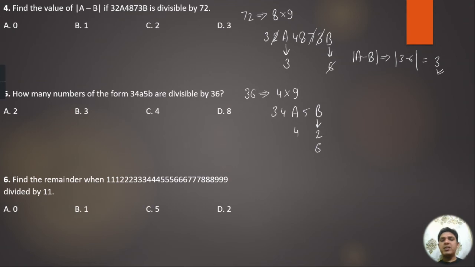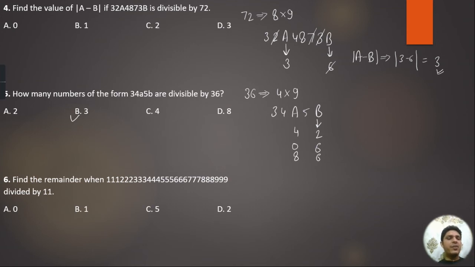Thereafter 5 plus 6 is 11, 11 plus 7 is 18. That means if we put the value 0, then also we will get the divisibility by 9. Or if we put the value 8 here, then also we will get the divisibility by 9. So students, he is saying how many numbers? So three numbers of the form we can get.